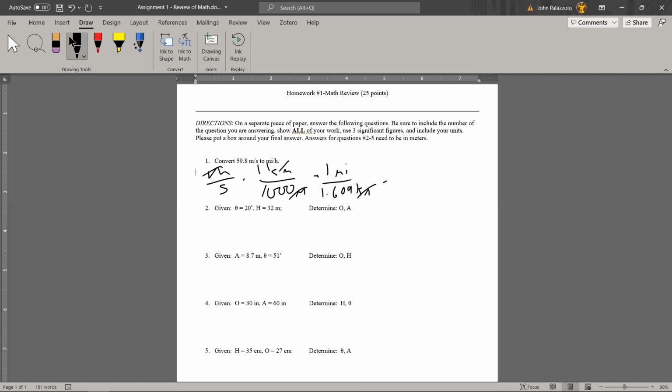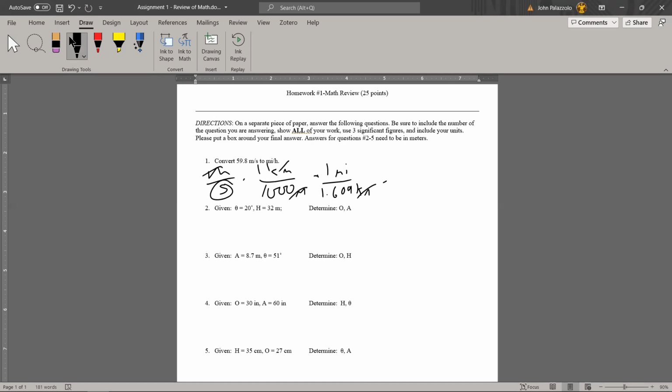And then you can do something similar for time. We need to cancel this time variable here. So we need to have our seconds up top and eventually our hours on the bottom.